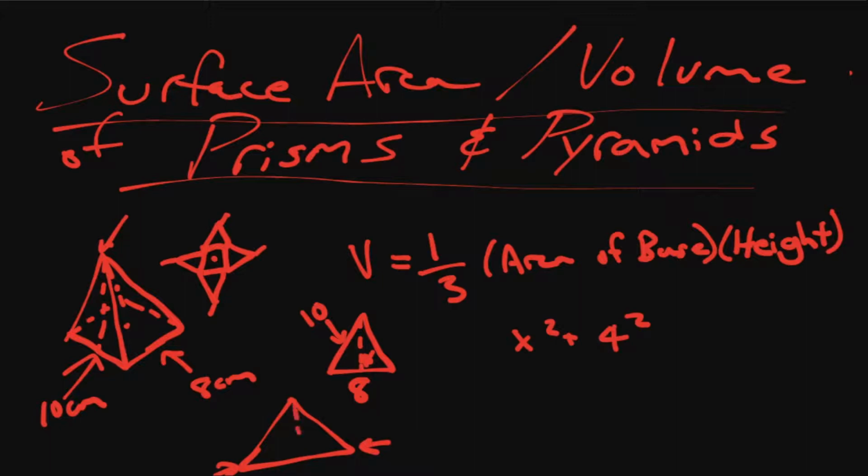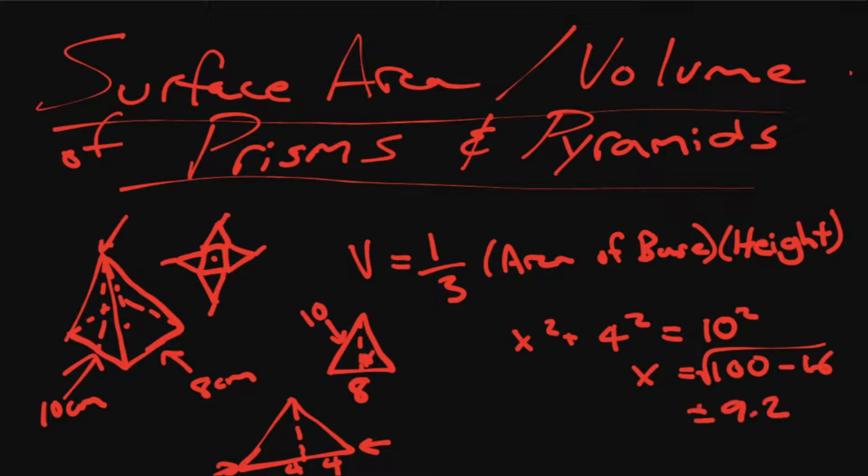But I want half for this triangle, so it's 4 on this side, 4 on that side. I'm getting old. So x squared equals 100 minus 16, so x is the square root of 84, which is about 9.2-ish.